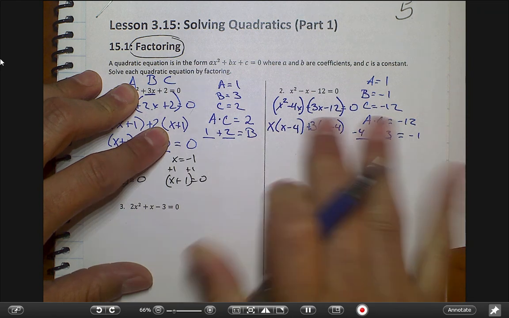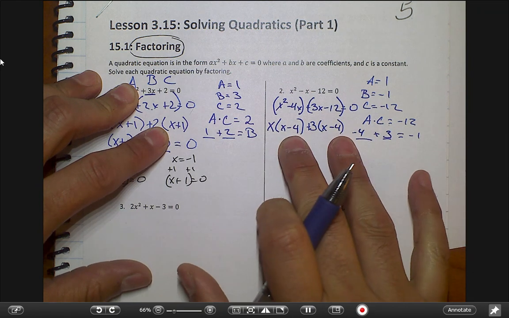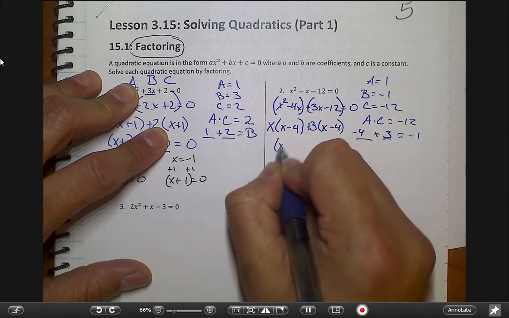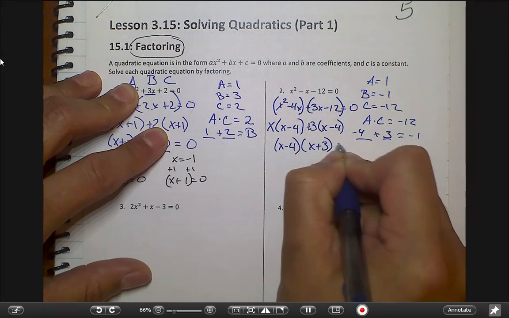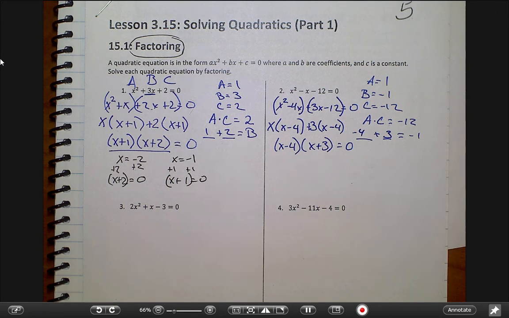There we go. They both have an x minus 4. And I'm left with... equals 0. There we go. Now, I'm not going to have you guys check it in the calculator all the time. That's a skill you should have by now since we worked on it for 3 days.